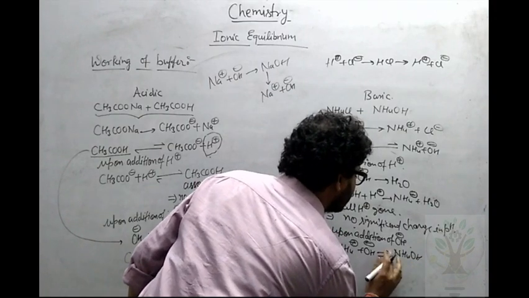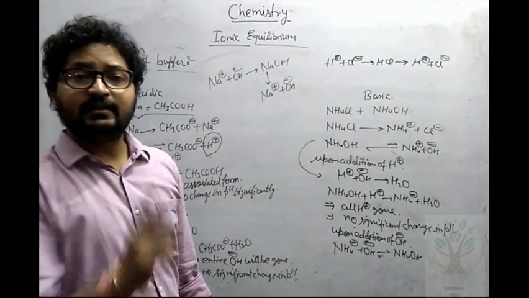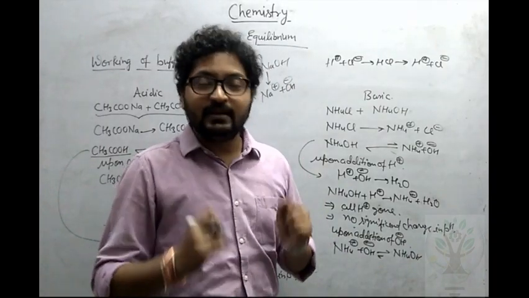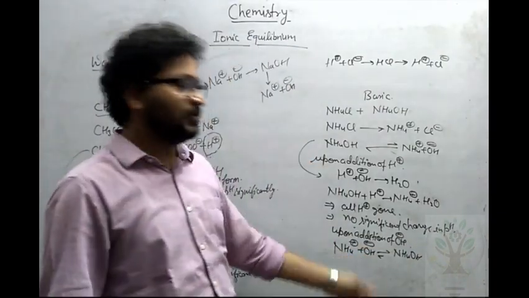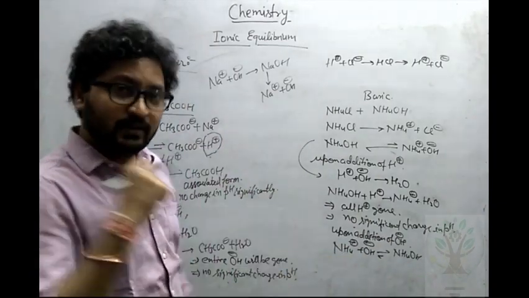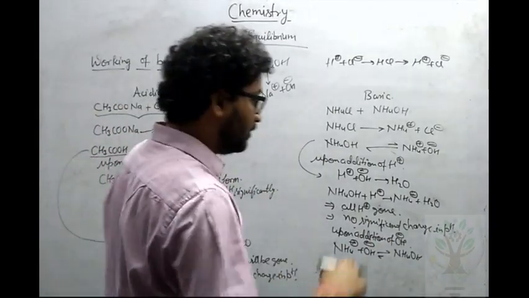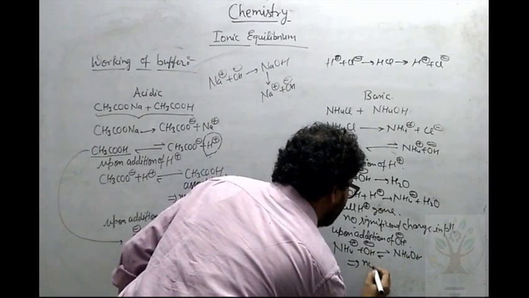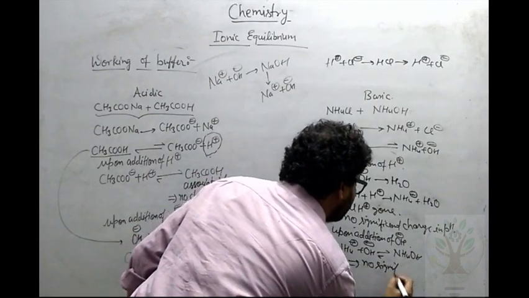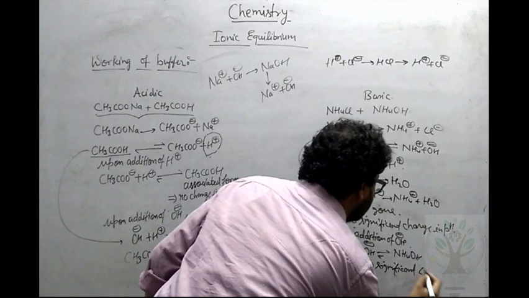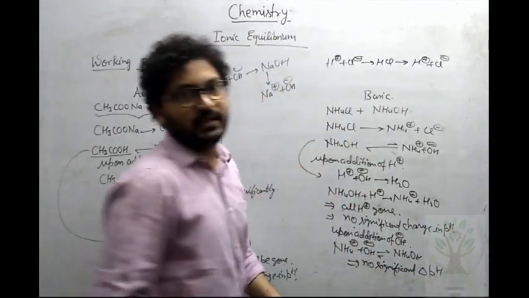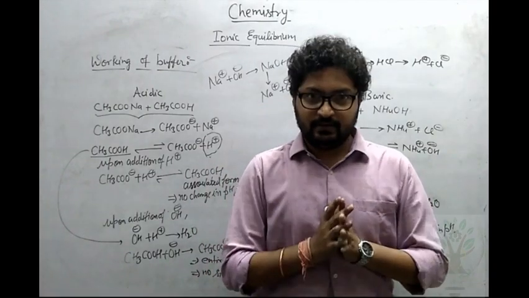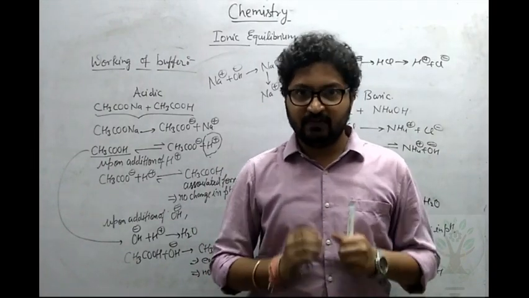And is NH4OH a strong electrolyte or a weak electrolyte? It is a weak electrolyte, so it will be very little dissociated. Very little dissociation means your OH minus is mostly gone. So will a huge pH change take place or a small one? There will be no significant change in pH. So this is the working of a buffer.